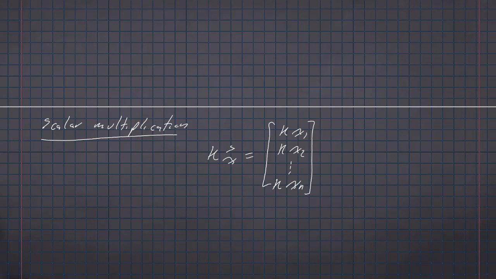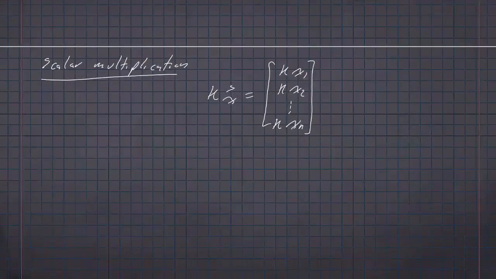It's not the only way to define scalar multiplication in ordered n-tuples, but it is a way of doing so. And it turns out that it's a way that gives us another set of nice properties.